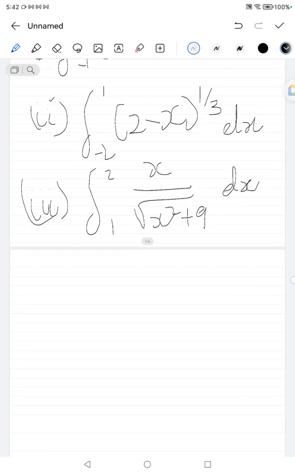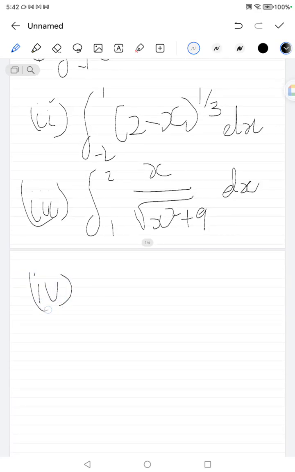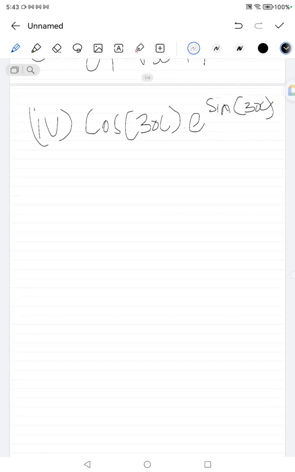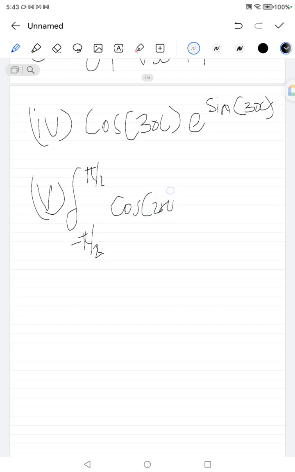Then the fourth one they had is cos of 3x multiplied by e to the exponent sine of 3x. The fifth one, which is your v, is where they had pi over 2 to minus pi over 2 of cos of 2x dx.